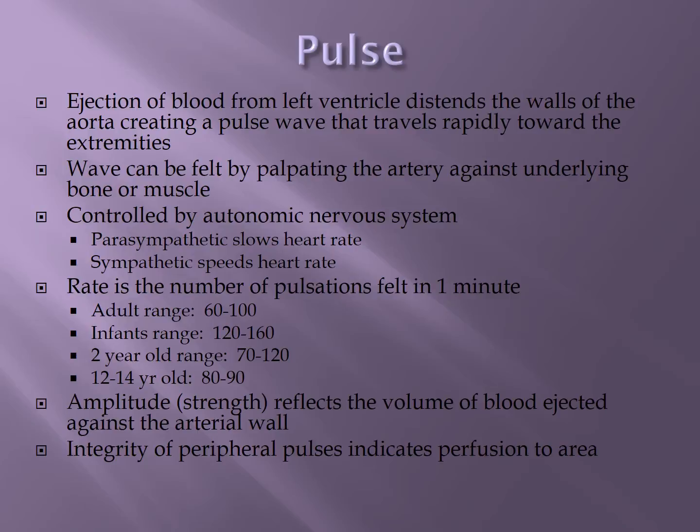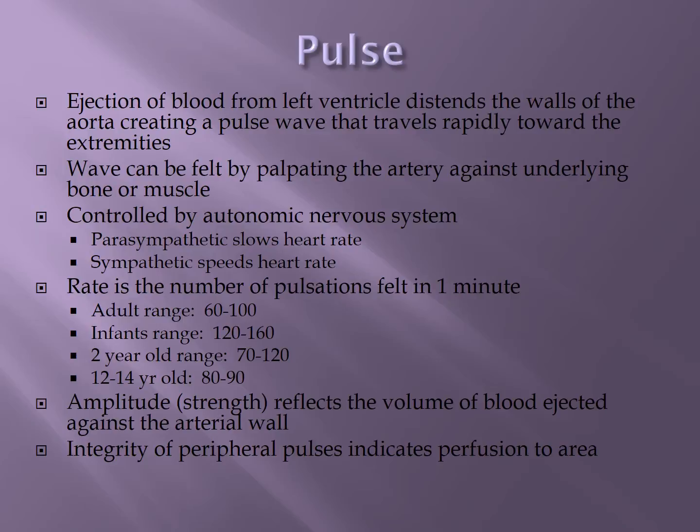We know the pulse is controlled by the brain and by the autonomic nervous system. In neuro, you learned about the parasympathetic or cholinergic portion of the autonomic nervous system, and that this is the part that slows the body down to return it back to normal.